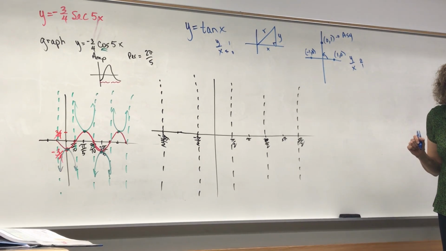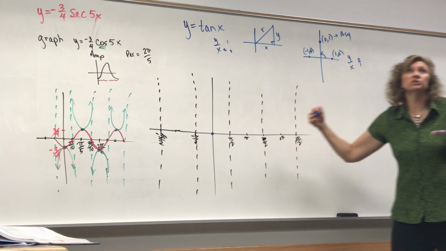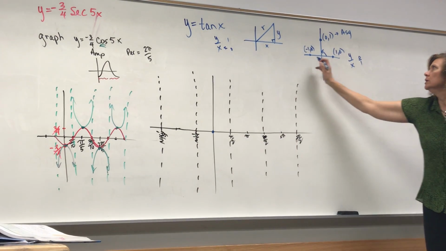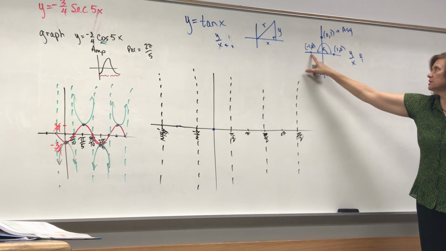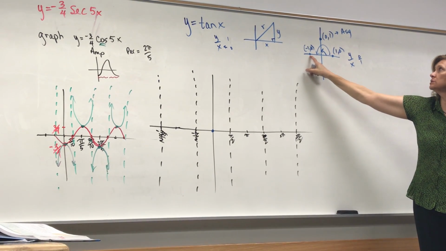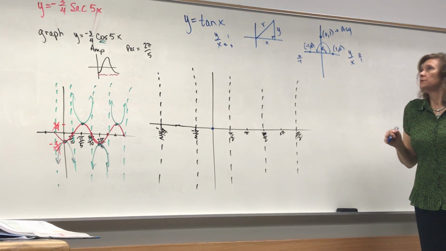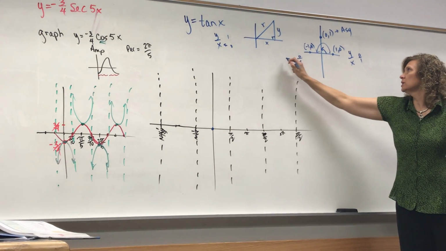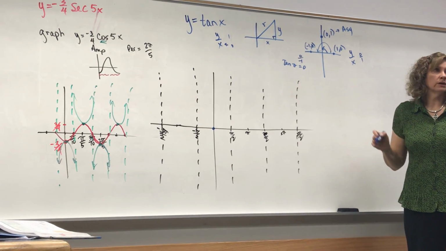What's 0 over 1? 0. So at 0 degrees, or 0 radians, the tangent's 0. Okay, pi. At pi radians, or 180 degrees, the tangent is y over x, so it's 0 over negative 1, so the tangent of pi is 0 again.